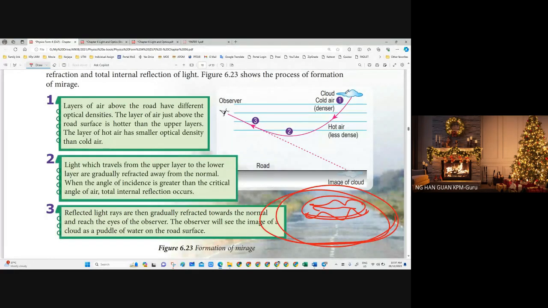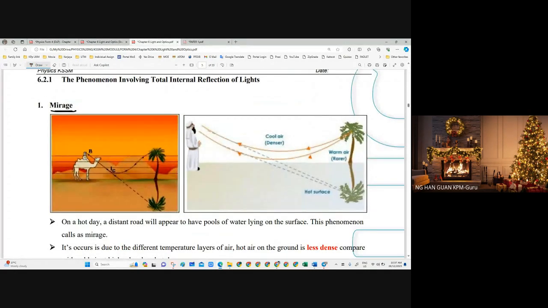Maybe it's not the cloud, maybe it's something else far away. Just like in my module, I show you a coconut tree example. It's very far away, so by right, we should see this coconut tree traveling in a straight line. Then we see this coconut tree here, but we don't see the coconut tree there. It's brought by the light bending into our eyes, because it's not on the straight line that we view, it's on other positions.